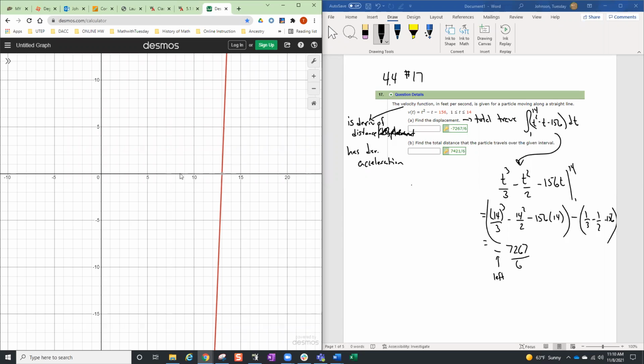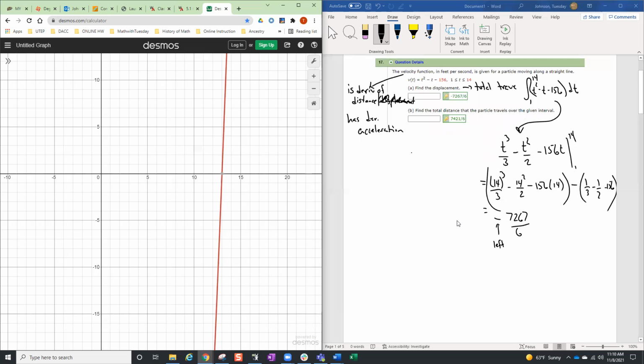So we're looking at area from the x-axis down to the graph. This will all be negative. So we're going to find the negative of this area, which makes it a positive area. And then we're going to find the area above the axis just from 13 to 14, between the x-axis and the graph.